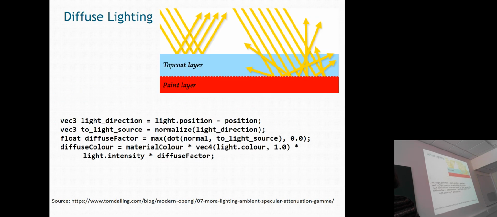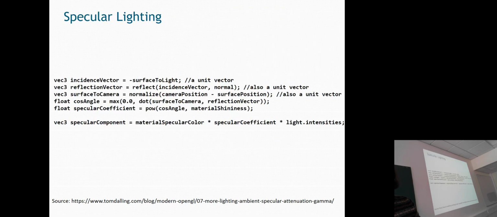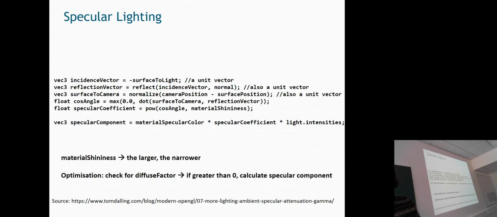If this product is negative, then we can skip this one because we won't have a specular component. That's a kind of shortcut we can take. And if it's greater than 0, then it makes sense to start calculating the specular component.